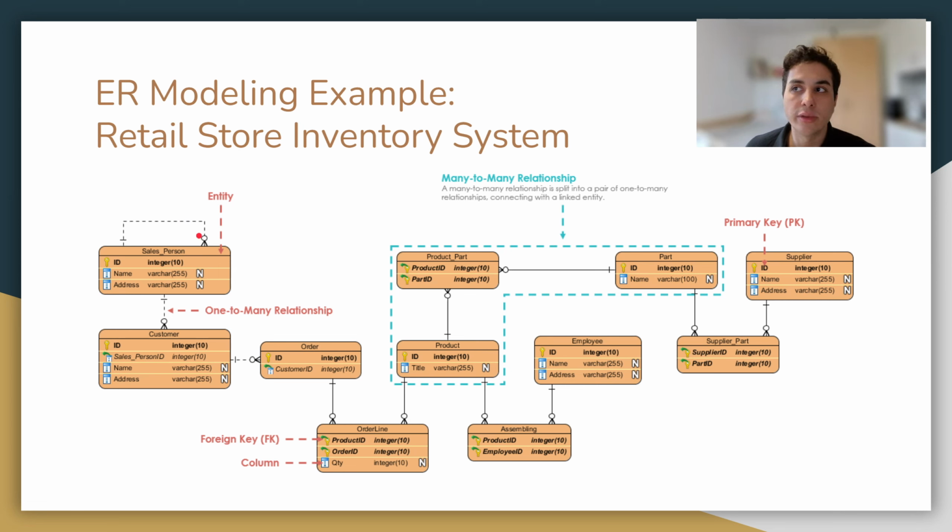A salesperson is managed by only one salesperson. A salesperson can be an agent for many customers. A customer is managed by one salesperson. A customer can place many orders. An order can be placed by one customer.